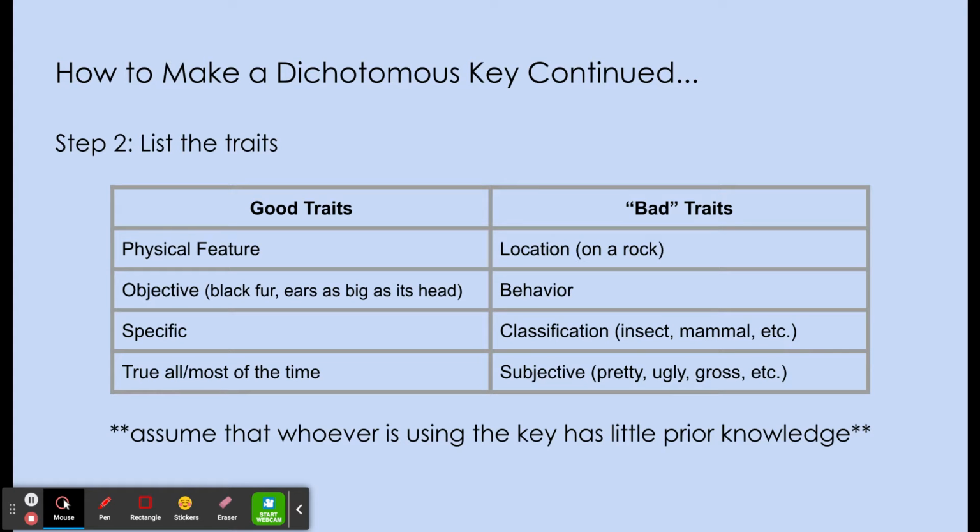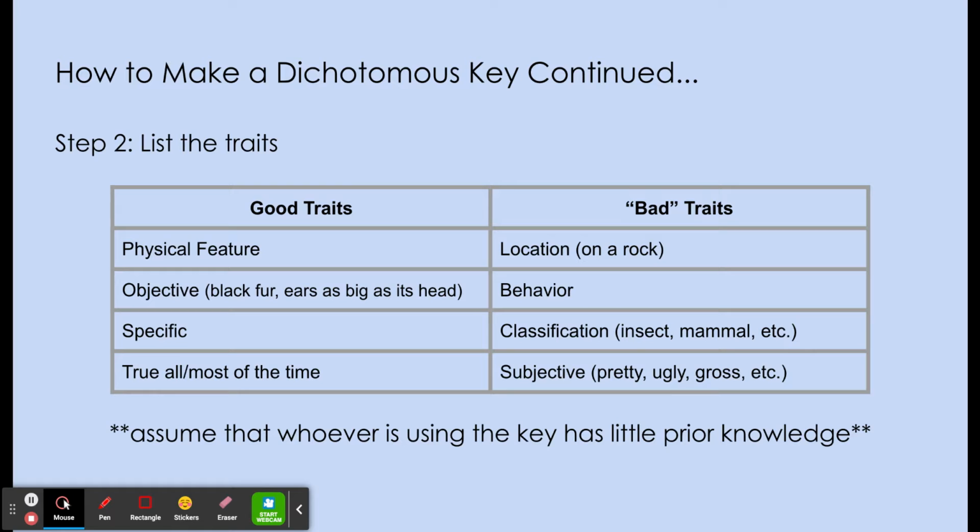That's why I'm saying not to include the classification. Us at this stage know what an insect is, how that's different from, say, a fish. But we can't really assume that when you're making a dichotomous key, especially when you get into unknown organisms. You don't know maybe what area of classification they fit into. So just try not to include that in your dichotomous key.